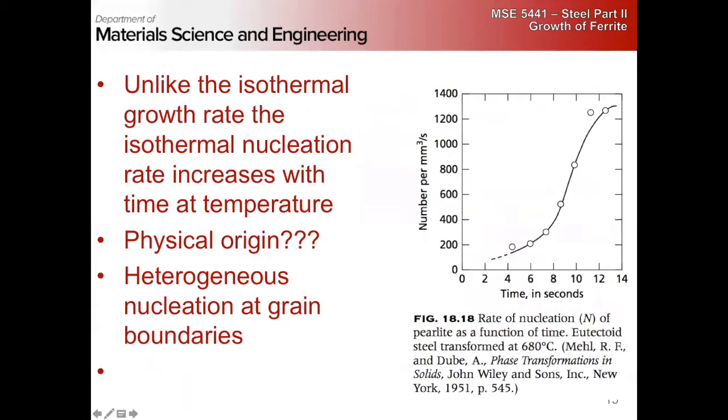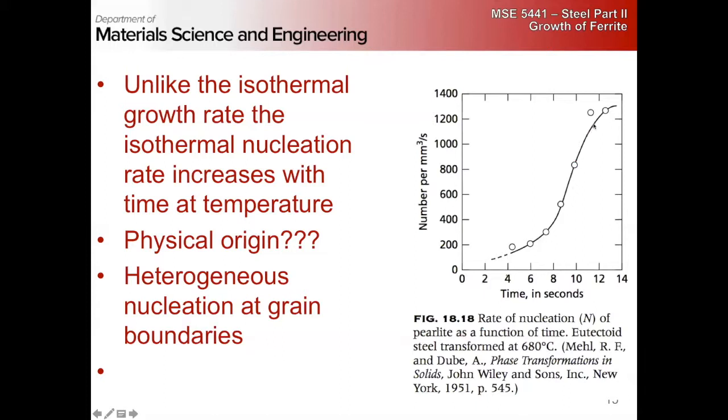Okay. So the nucleation rate increases with time and temperature. So what do I mean by that, right? So if we have the number of nuclei versus time, right, we sort of have this incubation period where we don't have a whole lot going on, right?